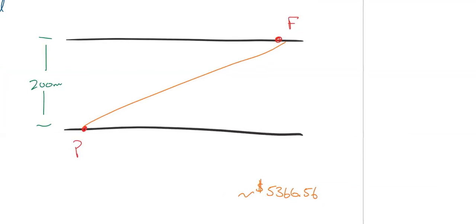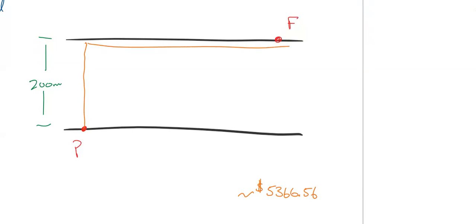What would be another option? What if I think it's really expensive to go underwater, so I'm going to minimize the distance underwater. How would I do that? I would go straight across, and then I would go along land the entire distance.